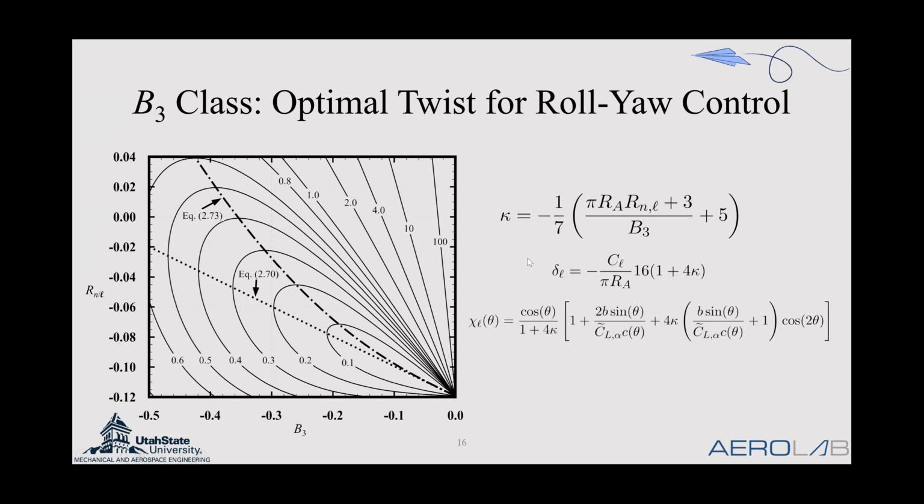So roll yaw coupling control is only feasible when the span-wise symmetric component of the lift is not elliptic. So you have to move away from the elliptic lift distribution in order to control roll yaw coupling. Exactly. If you have an elliptic lift distribution, then you will always get adverse yaw. So we have to move away from the 0 there in order to control the roll yaw coupling.